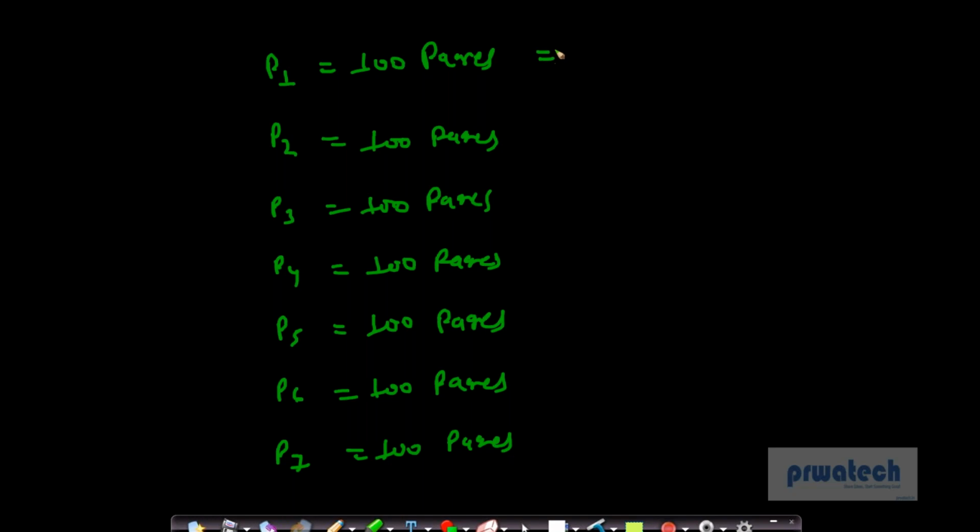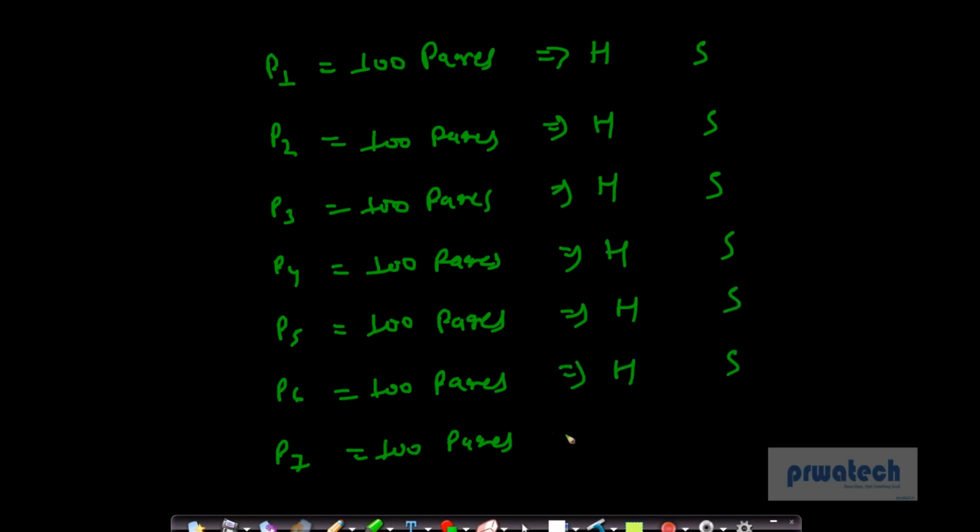On the side, okay, I have total Hadoop. I'll represent Hadoop as H and Scala as S. H, S, H, S, HS and another HS. Okay.